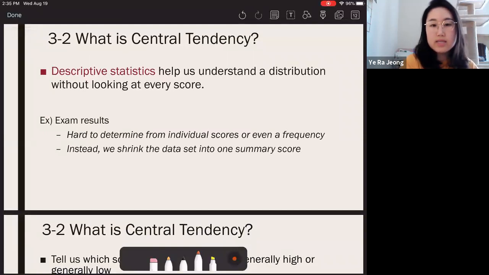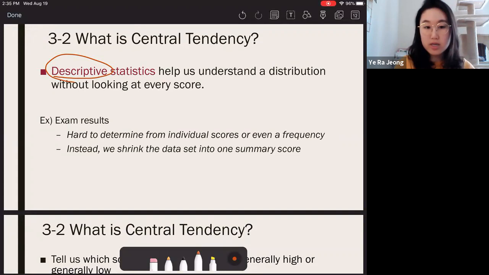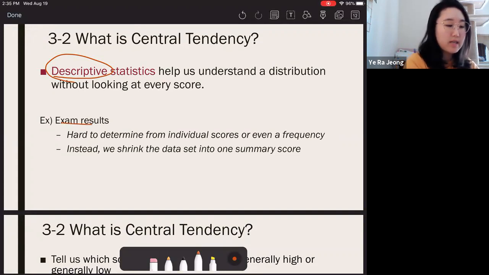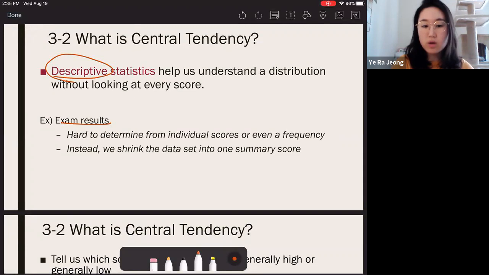So central tendency is one type of descriptive statistics. I briefly mentioned above in the review that descriptive statistics help us summarize and organize our raw data. For example, with the example results in the exams, I cannot really tell what's going on as a class as a whole if I'm looking at individual scores or even just frequencies, right?